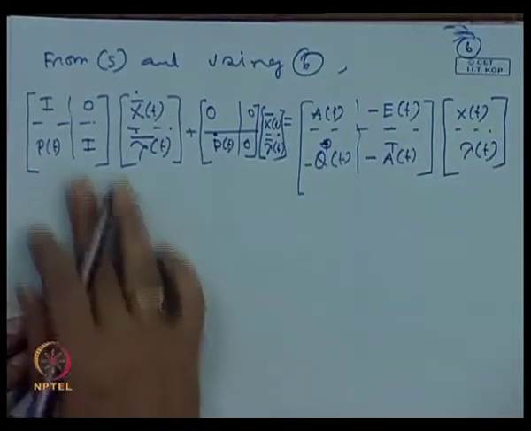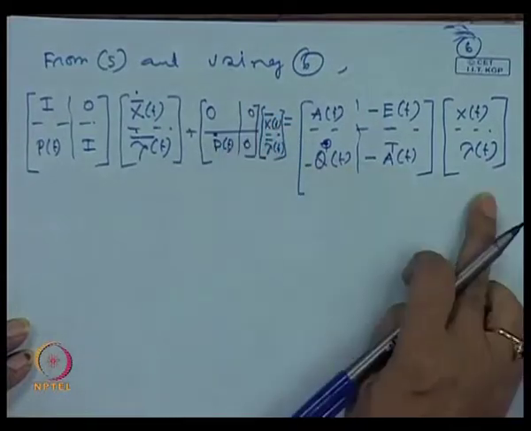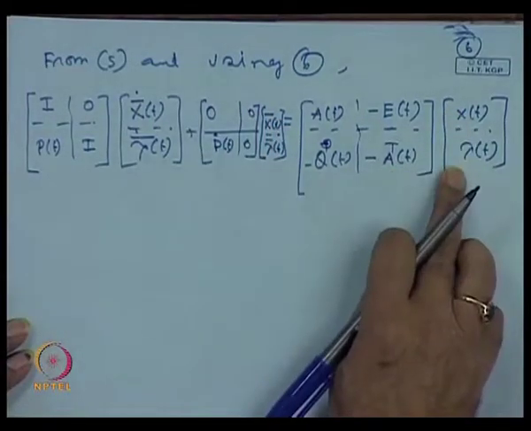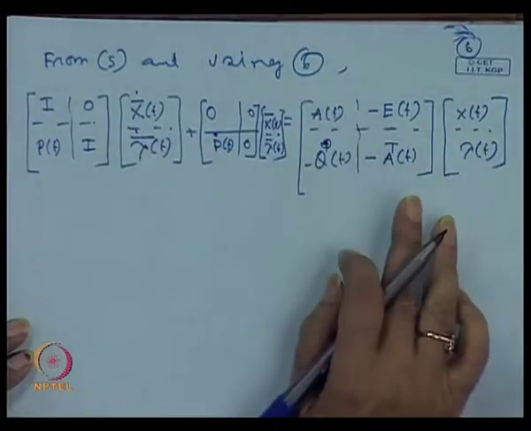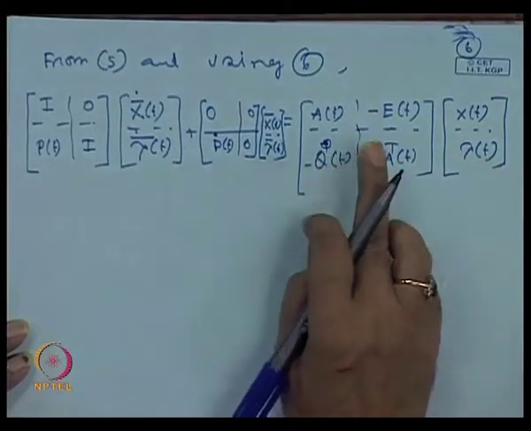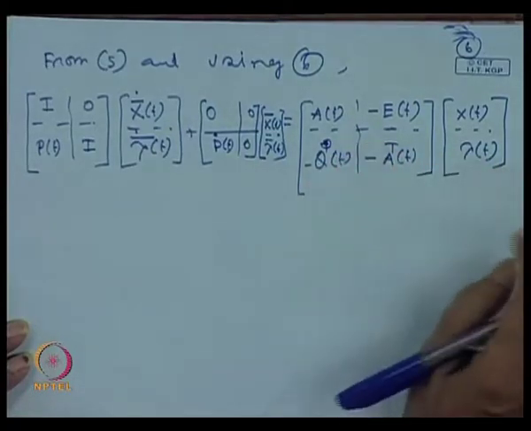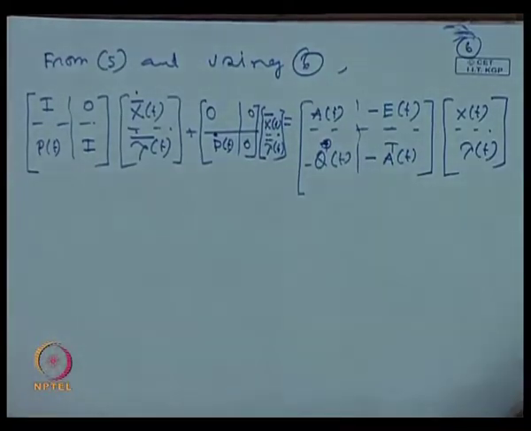So, after simplification you bring this part to the right hand side, and x and lambda of t you replace by the transformation matrix, that is how they are related: x of t, lambda of t related to x bar of t, lambda bar of t, with this expression. If you recollect, this is the transformation we have considered.